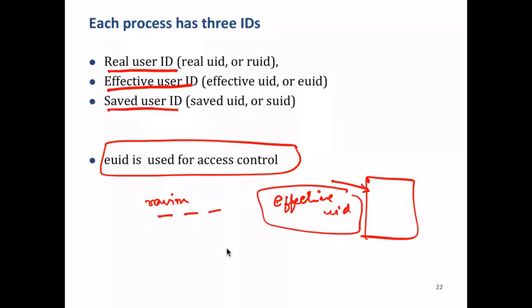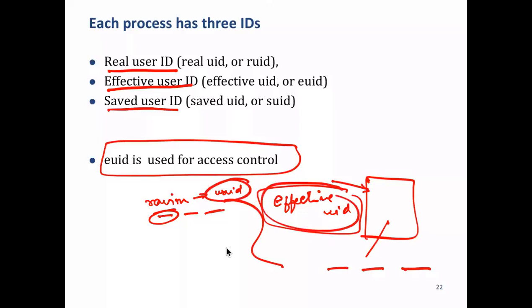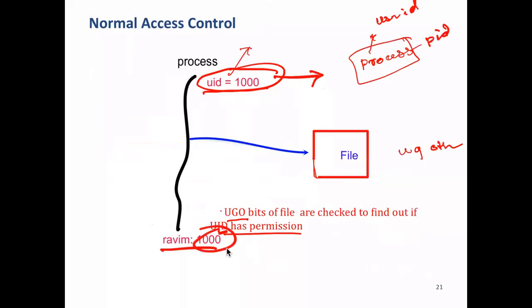So I have my user ID, and for this file we have these 3 categories, and we'll check where I fall into, and accordingly it will permit. So here my user ID is not used, but the effective user ID is used. Like I was telling, 1000 is not used.